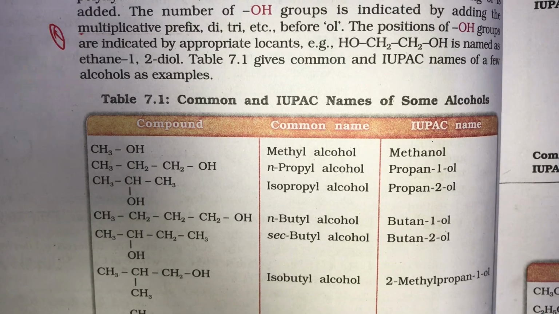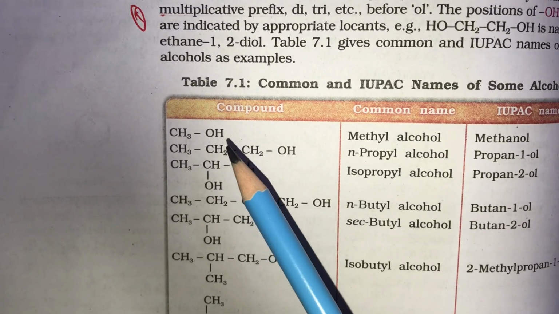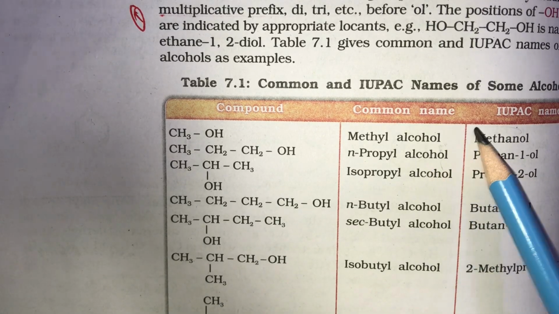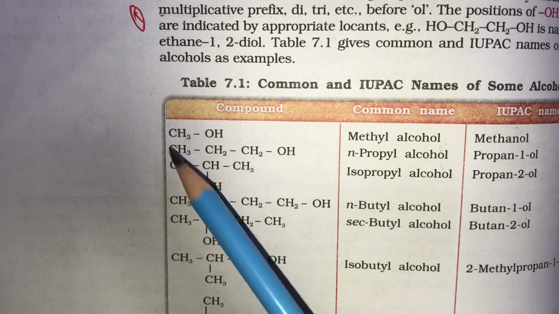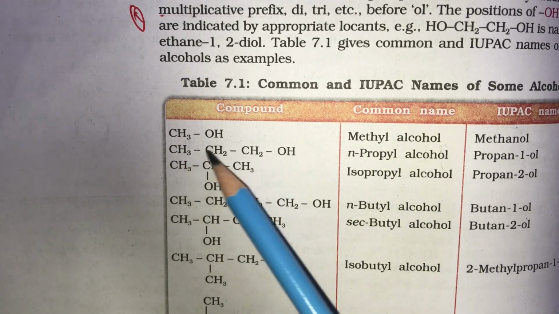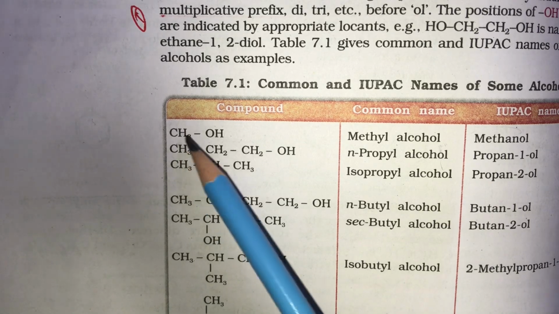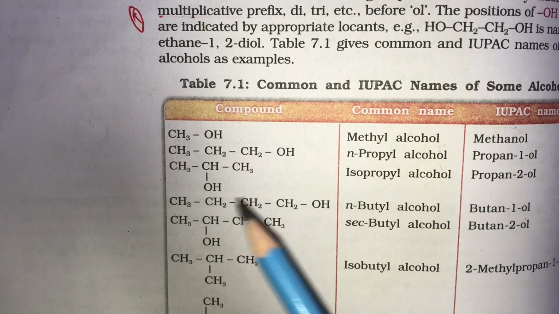Common name and IUPAC name of alcohols. How to name the alcohol? Alcohol ends with the suffix -ol, that is the hydroxyl group, and it is named by taking the chain, depending on how many carbon atoms it contains. Methyl alcohol, methyl group with OH, only one carbon atom, IUPAC name methanol.